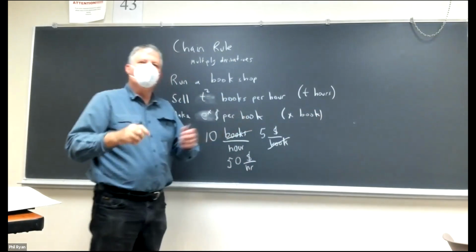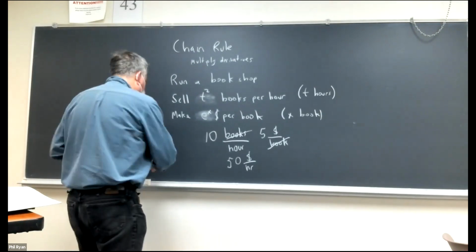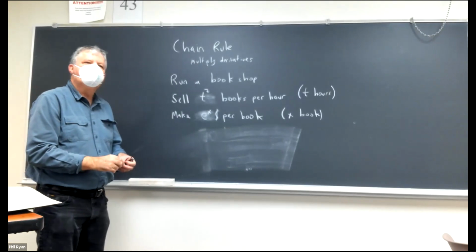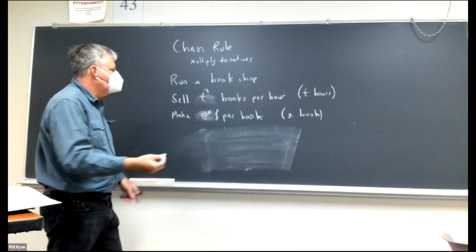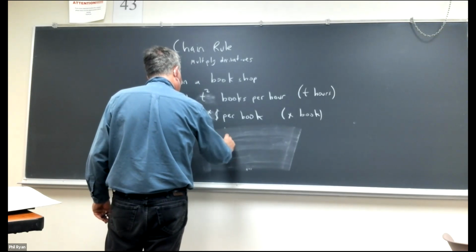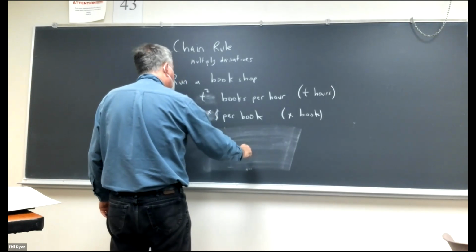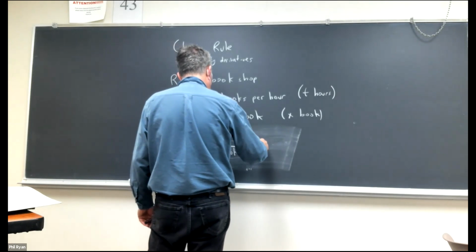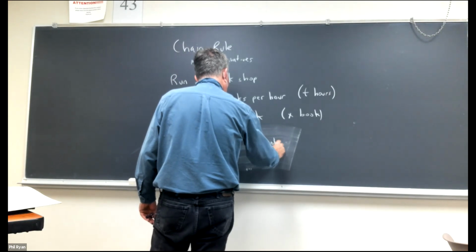Now, this is really silly. We can do exactly the same thing, right? We're just going to multiply them together. This is a rate, this is a rate, and so we get e to the x dollars per book times t squared books per hour.